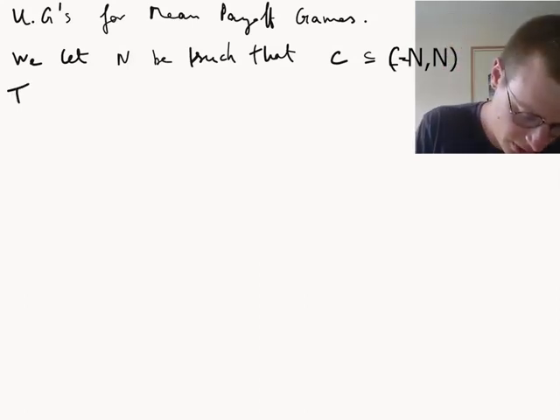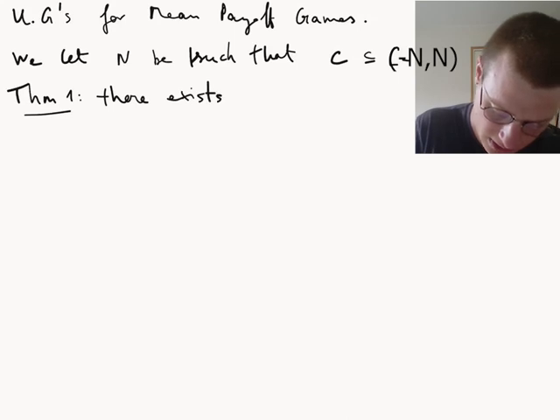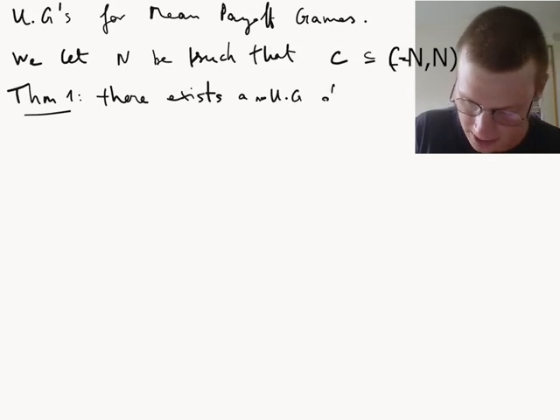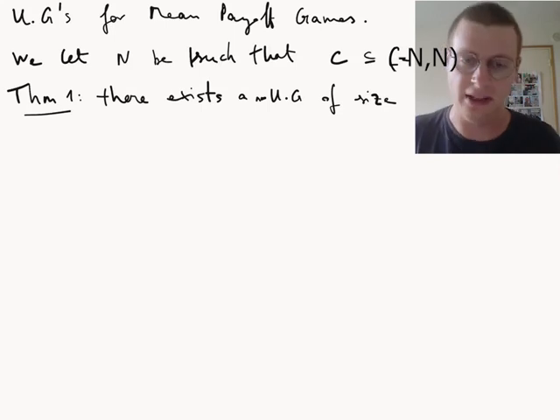Our first theorem, which is actually a very easy construction, gives us a universal graph: there exists an n-universal graph of size exactly n times n.